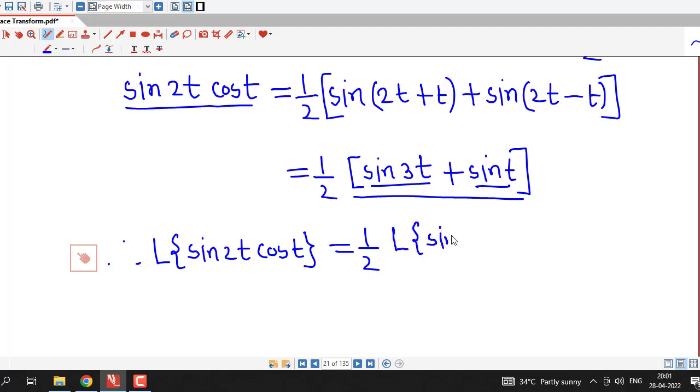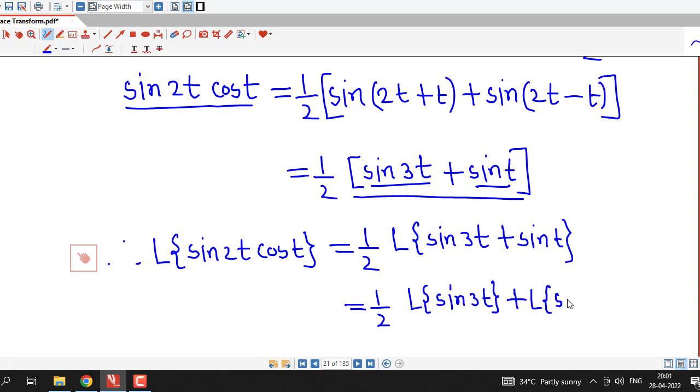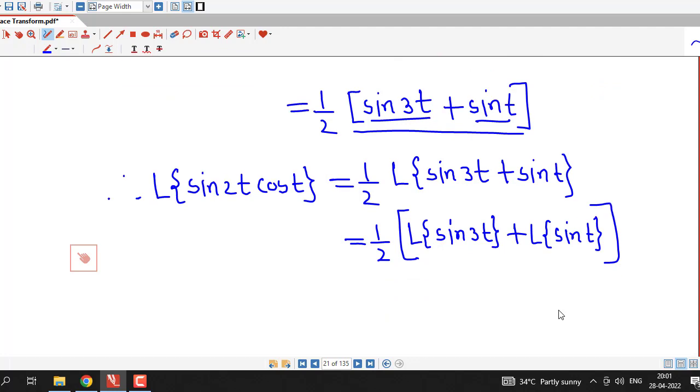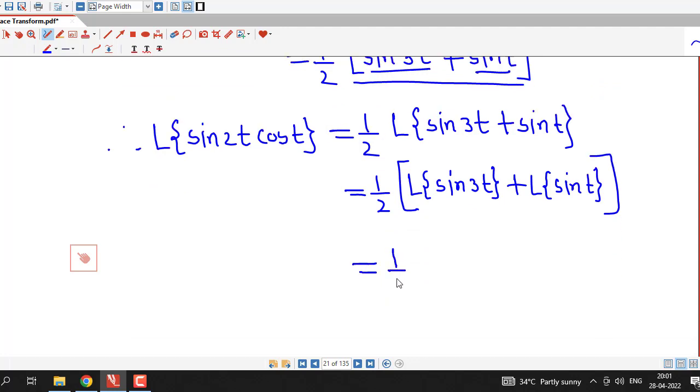Let me write one more step: this equals 1/2 times [Laplace transform of sin 3t plus Laplace transform of sin t], by the linearity property of the Laplace transform. The Laplace transform of sin 3t is 3 divided by s square plus 3 square, which is 9, plus, since the coefficient of t is 1, 1 divided by s square plus 1 square, which is 1.